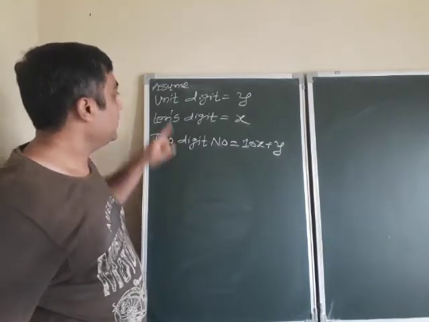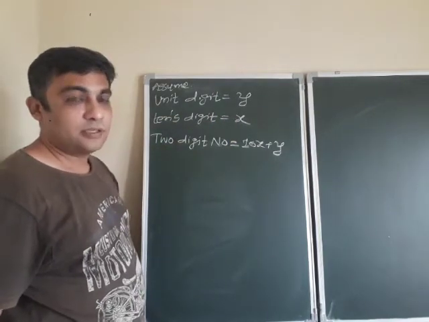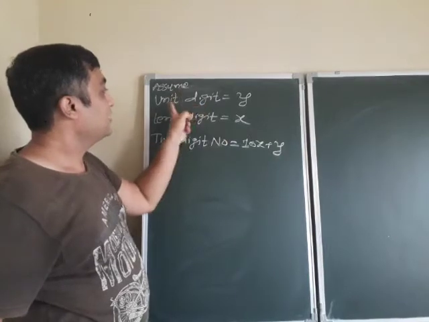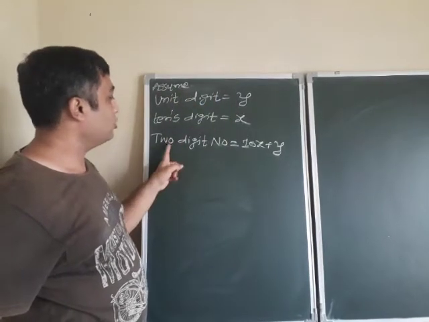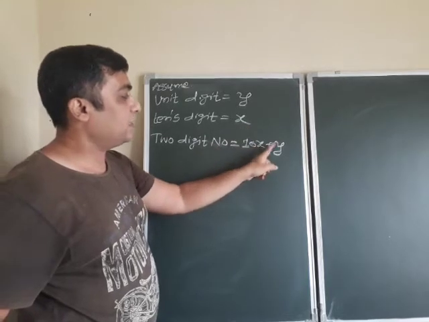Am I right? If your unit digit is y and your tens digit is x, these are the digits. So your two-digit number is 10x plus y.